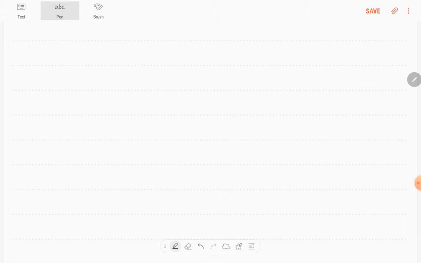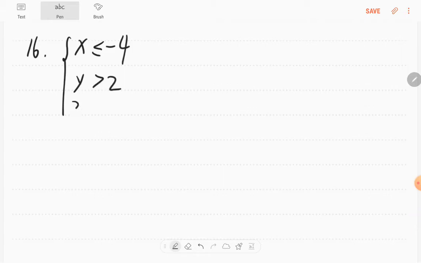The next one has three inequalities: x is less than or equal to -4, y is greater than 2, and 3x plus y is less than 6. The idea is still that you draw the graph for each line first.